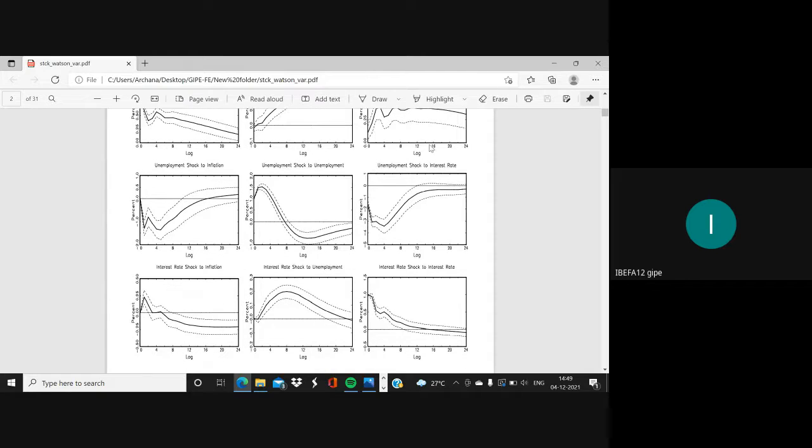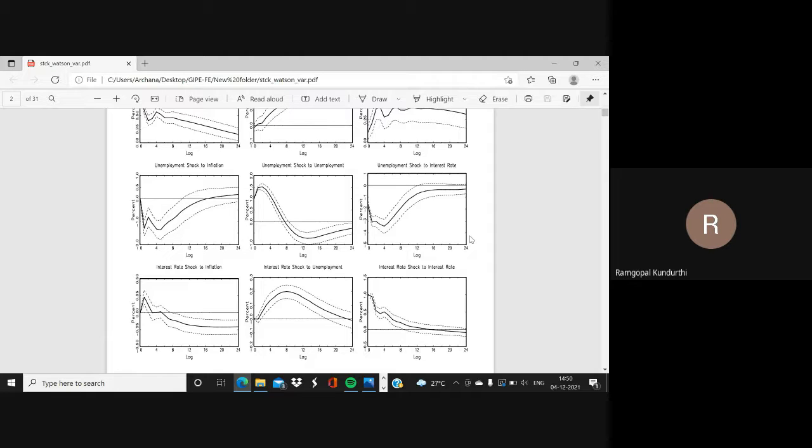So it's a single shock, and then we are seeing the impact of that shock on a particular time series. Here, if you look vertically, it's on inflation. Here it's on unemployment. Here it's on the interest rate. We are not averaging out anything. We're just seeing how the time series behaves in response to the shock, and what will be the change in the time series in response to a single shock. That's the only thing that we're looking at.